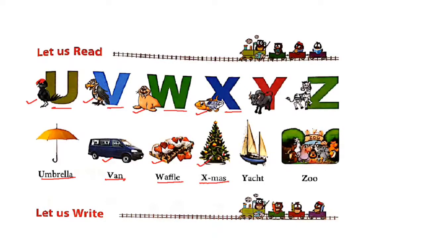Y, Y for yak and Y for yacht, Y-A-C-H-T. Here T is silent. Z, Z for zebra and Z for zoo, Z-O-O, zoo. So this is the picture of a zoo. So U, V, W, X, Y and Z.